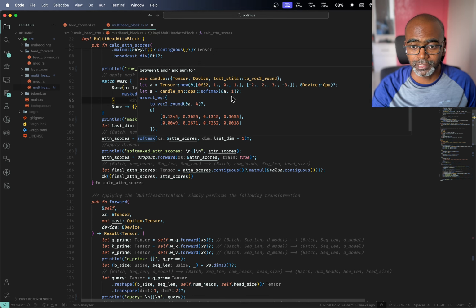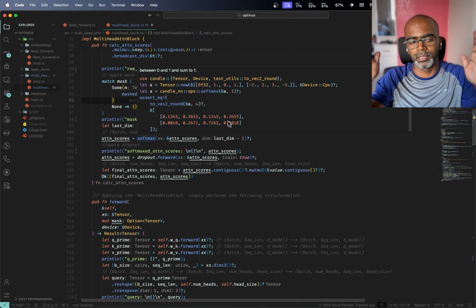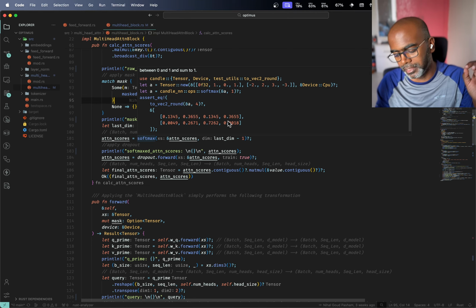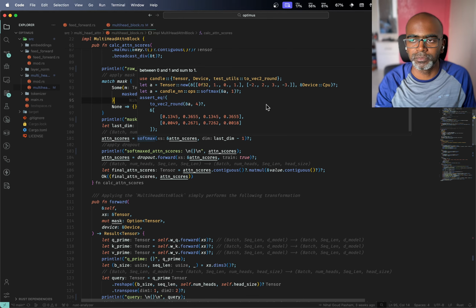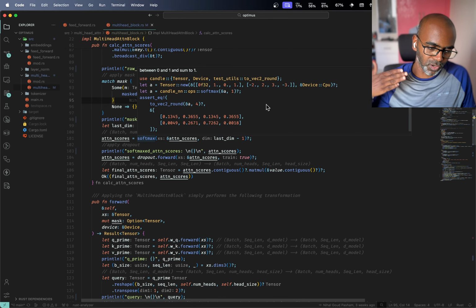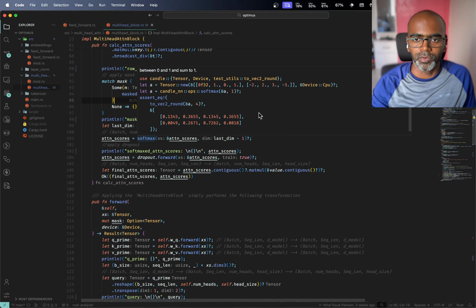When I apply it, I will be able to round off everything within that 0 to 1. So the elements within this row should add up to 1. That's the most important thing you will be able to make out. That's what the softmax does. It's a normalization strategy. I hope that makes sense. That is what softmax is.